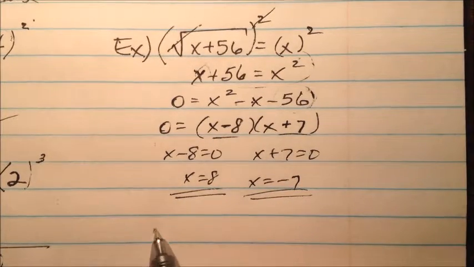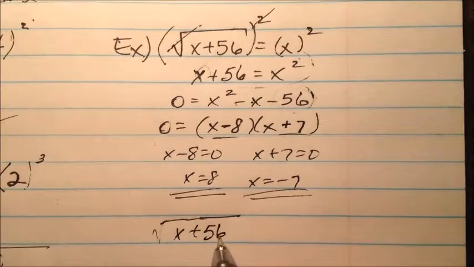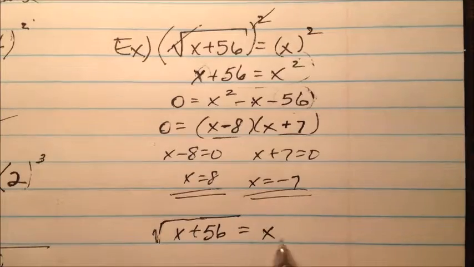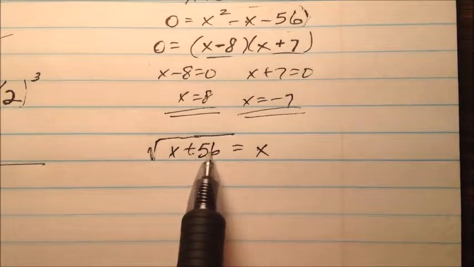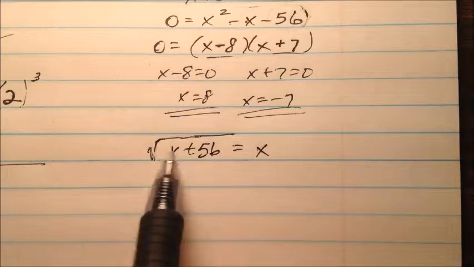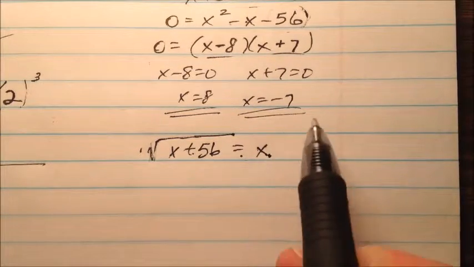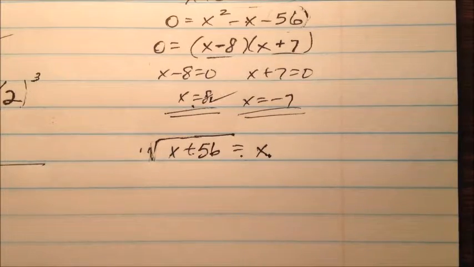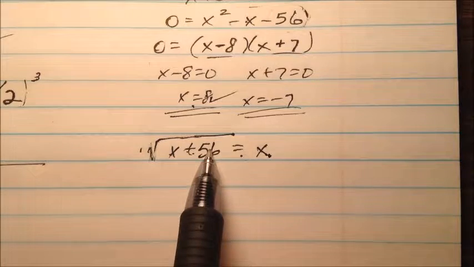Okay, so I'll rewrite the original right here. We have the square root of x plus 56 equals x. If we plug in 8, 8 plus 56 is 64, and the square root of 64 is 8, which is what we had for x. So actually 8 will work out. Let's try negative 7. Negative 7 plus 56 is 49.